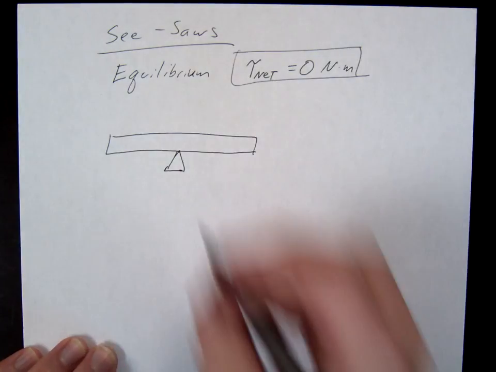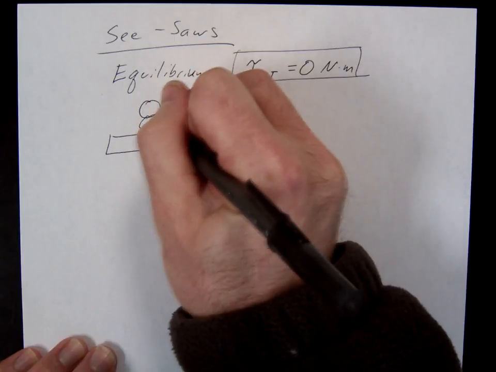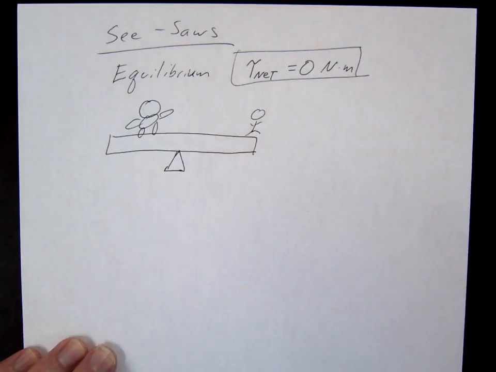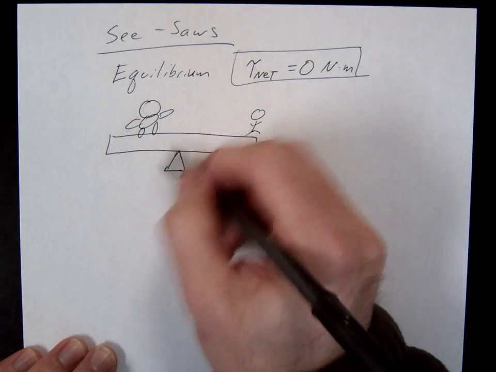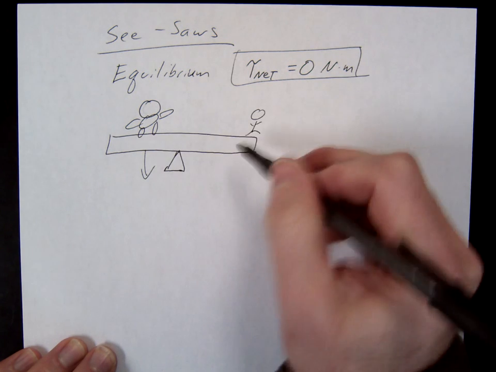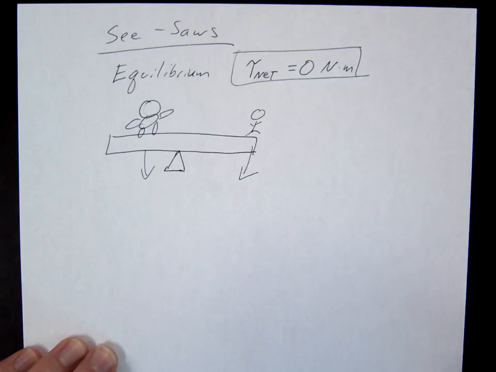Okay, so for example, if we have Big Daddy, little kid, right? So if we want this to be true, we want the torques from Dad, who's going this way, he's producing a counterclockwise torque. Torque from the little kid going this way, he's going to produce a clockwise torque.